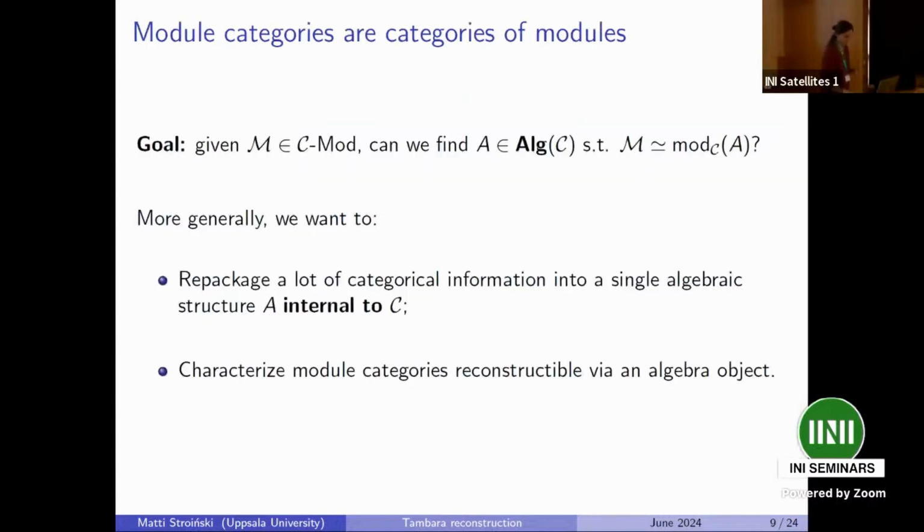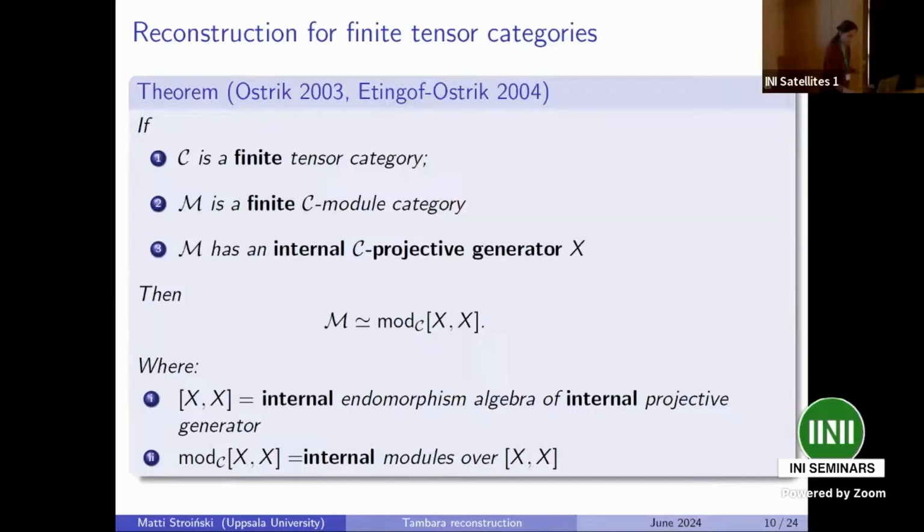If we can find an algebra object like this, we say that we have reconstructed our module category. And the main result in this direction, for finite tensor categories, meaning a tensor category with finitely many simple objects, is the result of Ostrik in the semi-simple case, and then Ostrik in the general case.